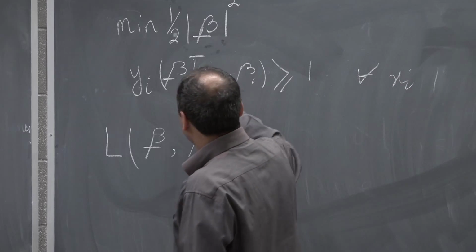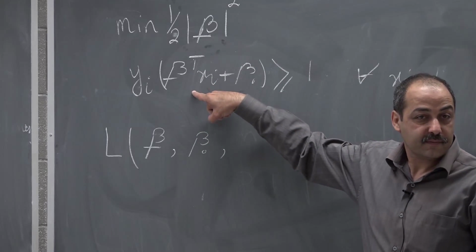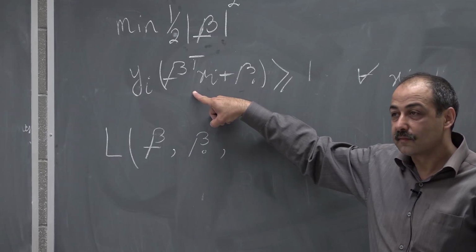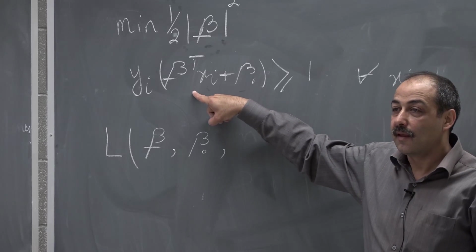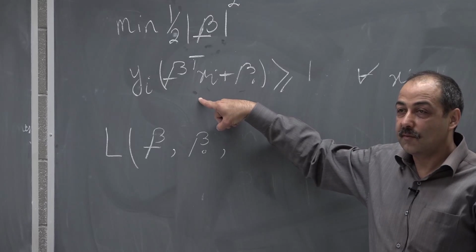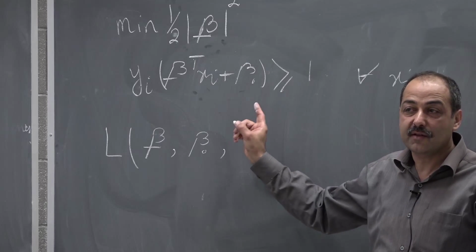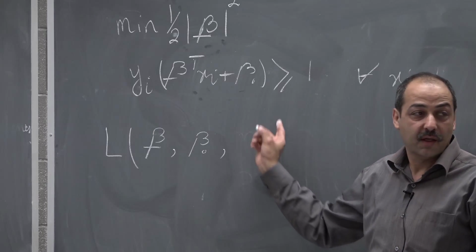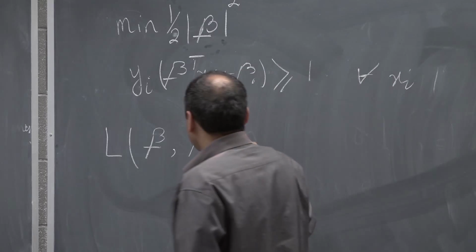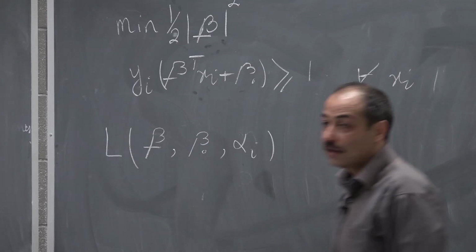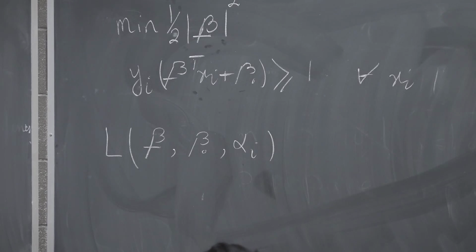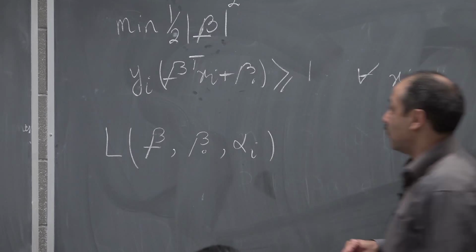So how many constraints do I have here? Number of points, right. So I have n constraints here. For each point, I have one constraint. So I need n Lagrange multipliers, one for each constraint.